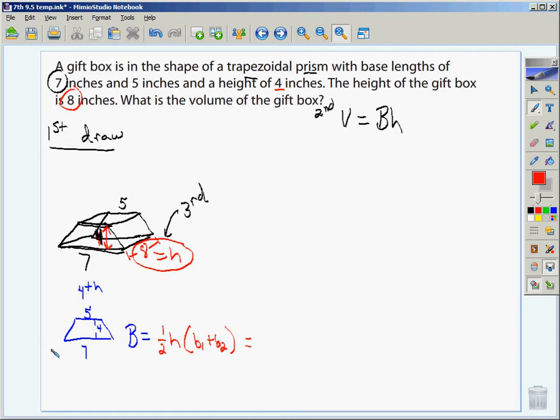I'm still finding the area of this trapezoid. 1/2. What's the height of the trapezoid? 4. What did I say in the parentheses? B1 plus B2.